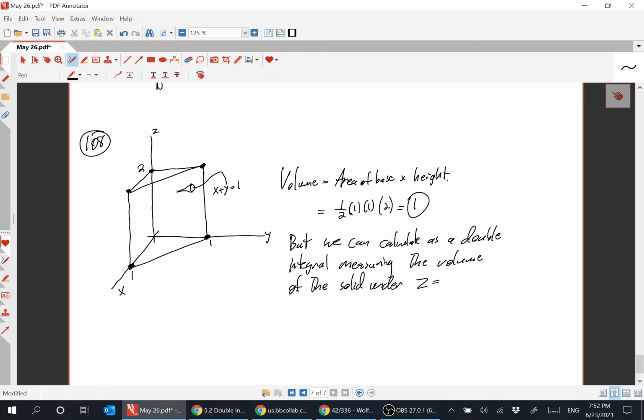It's just z equal to 2. Under z equal to 2 and above D, the bottom of this thing in the xy plane, which is just this triangle here.